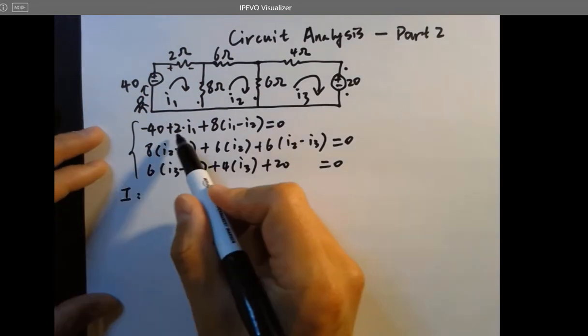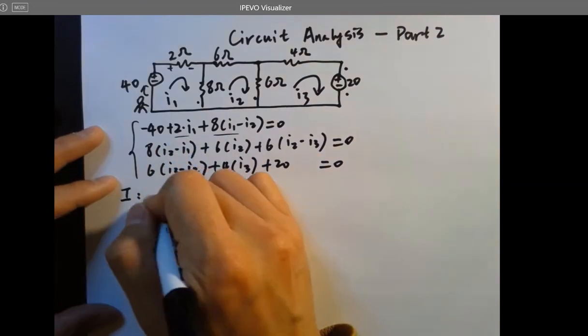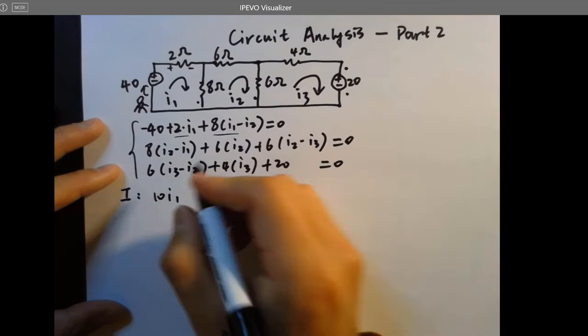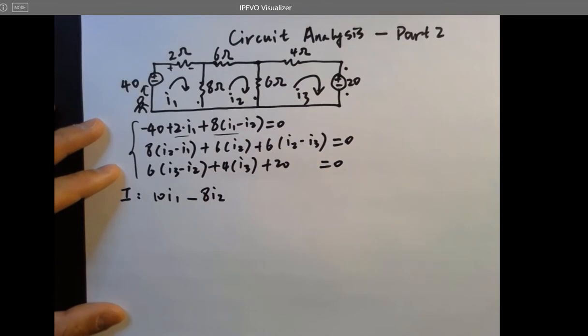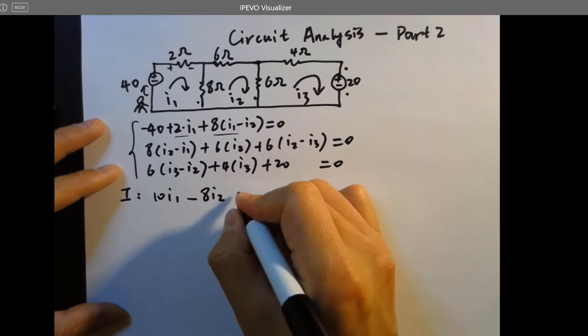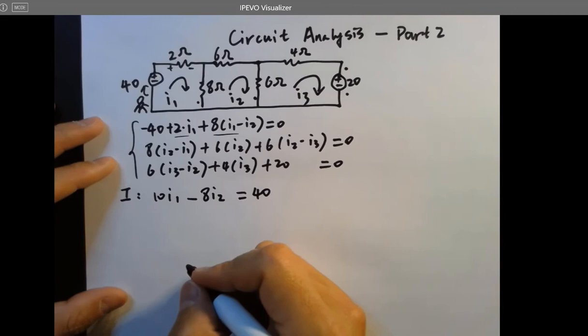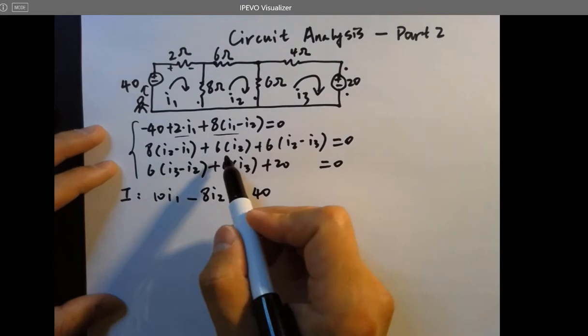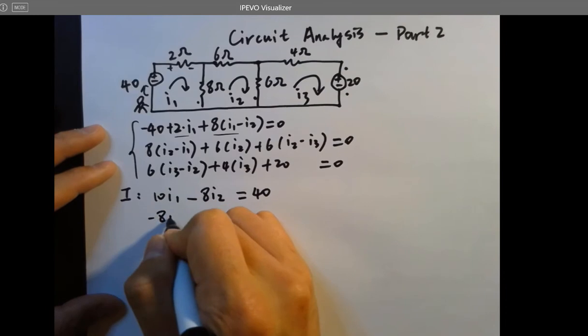So let's look at the coefficient for I1 first. We are getting 10 I1 and minus 8 I2 and no I3, right? No I3, but there is a 40 on the right side of the equation. The second one, how many I1? It's just minus 8 I1.